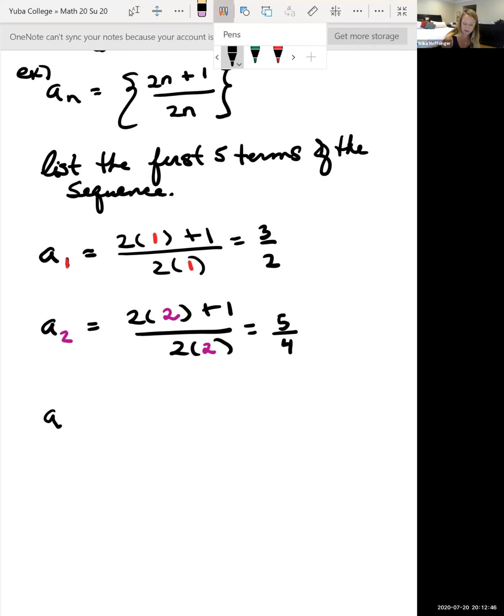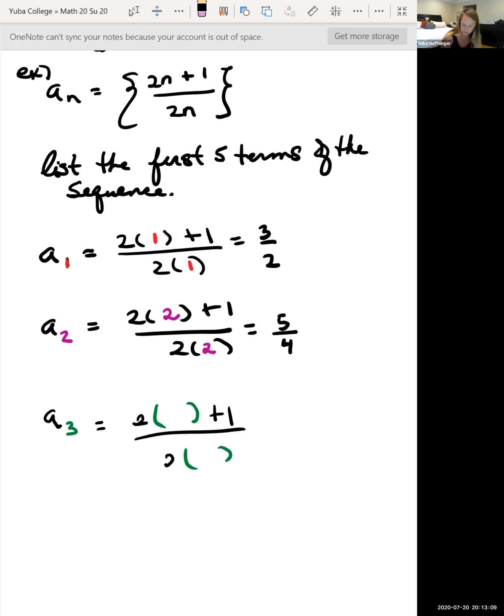Our third term of the sequence, plugging in 3 wherever we see an n, we get that a sub 3 is equal to 2 times 3 plus 1 all over 2 times 3.